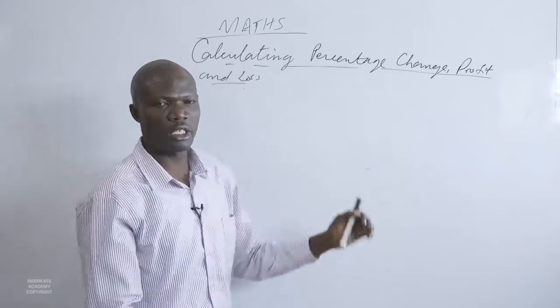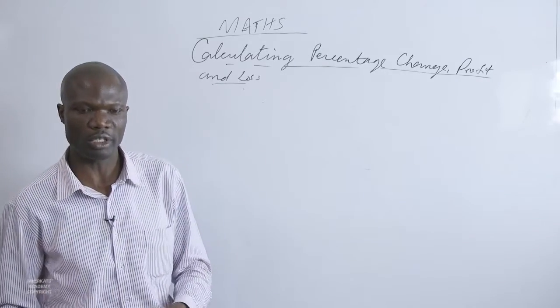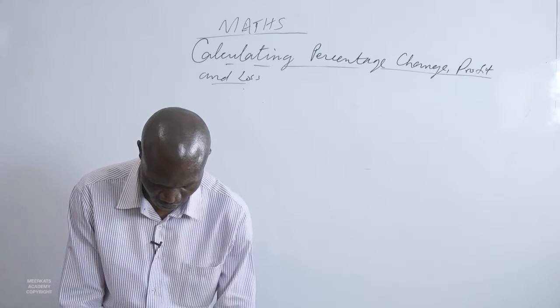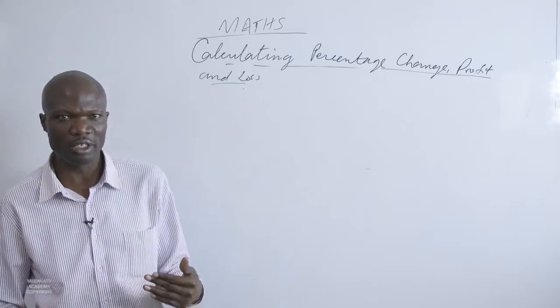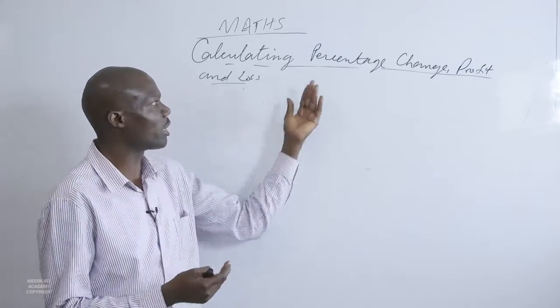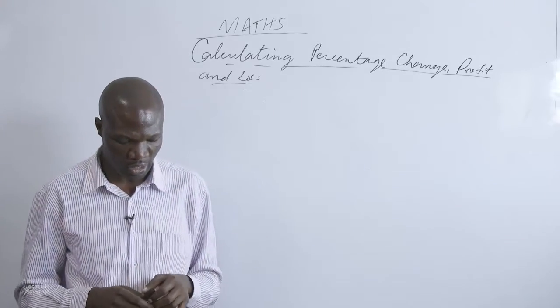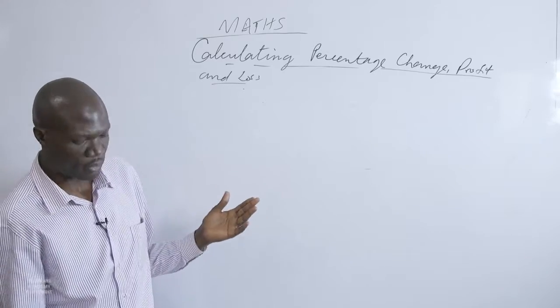These percentage changes can also be seen when you are giving a discount when selling items. So what do we need to know when working out the percentage change of the profit and loss?